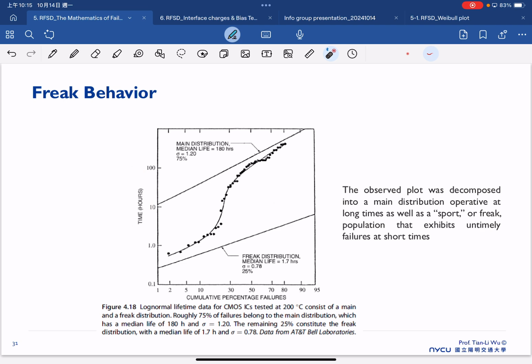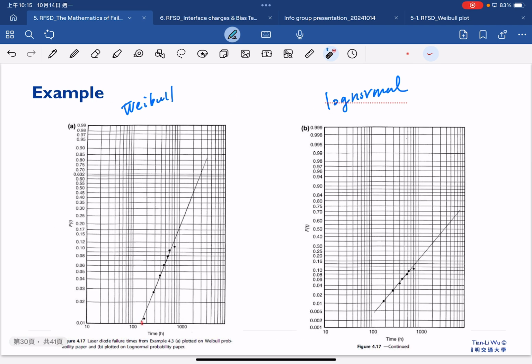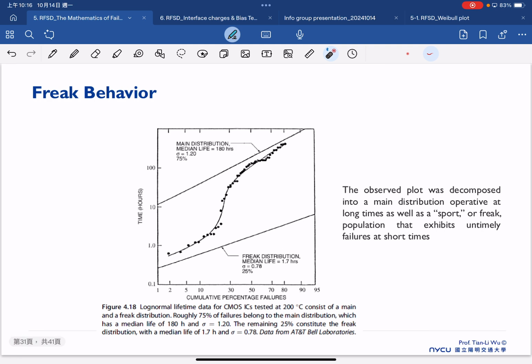So ideally, we expect that one single straight line can fit our experimental data. But in reality, sometimes we find that this is our experimental data, but we need to fit this and this with different fitting parameters.